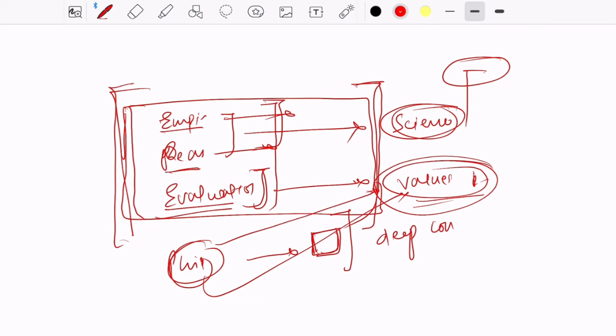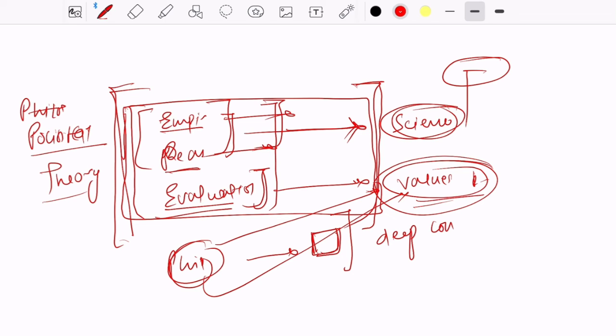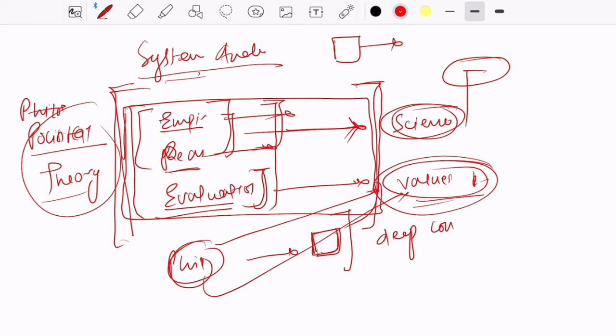So philosophy is related to value, and empiricism and rationality are related to science. Now, if you look into the backdrop, we are discussing political theory, and in political theory, the systematic analysis of any particular political phenomena involves empiricism, rationality, and evaluation.